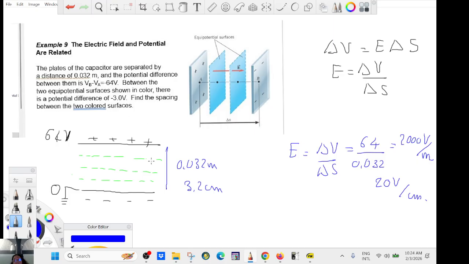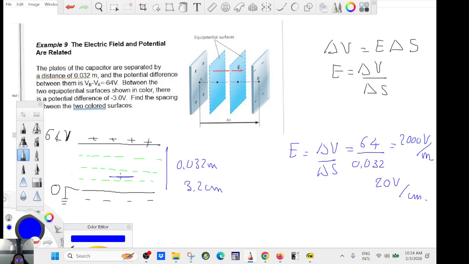So every centimeter the voltage decreases by 20 volt. 64 minus 20 is 44, about 40 volt, and then minus 20 is 24 volt, and then minus 20 is going to be 0.